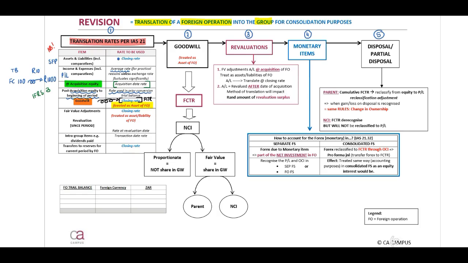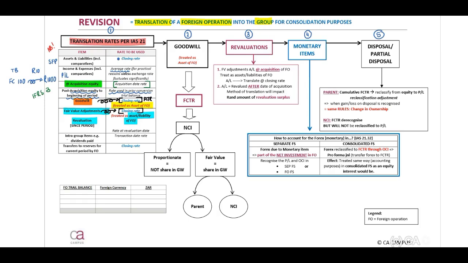Then our fair value adjustments. Now fair value adjustments or our revaluations. You need to treat this as an asset or liability of the foreign operation, and you need to remember that you will have to translate this using the closing rate at the end of each period to your presentation currency.